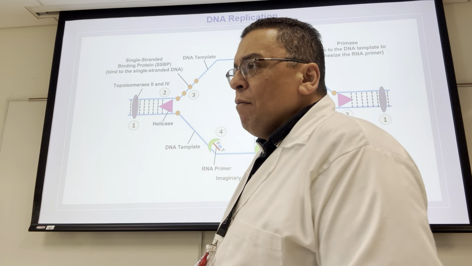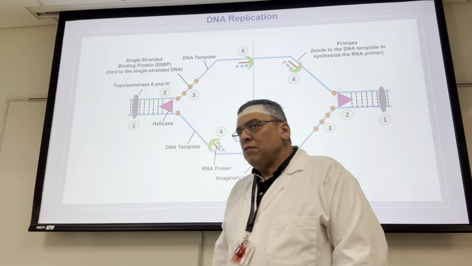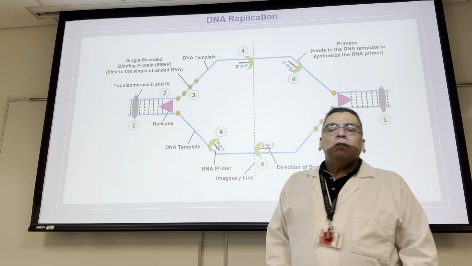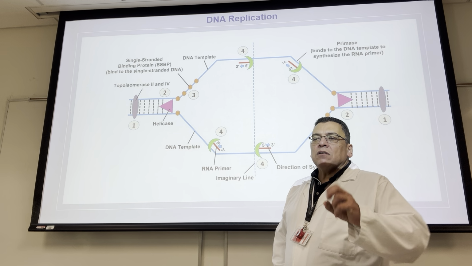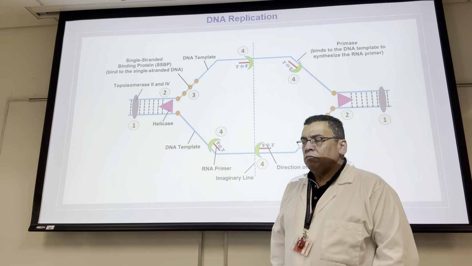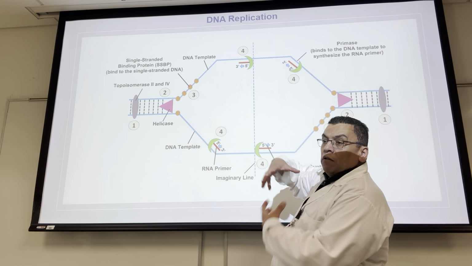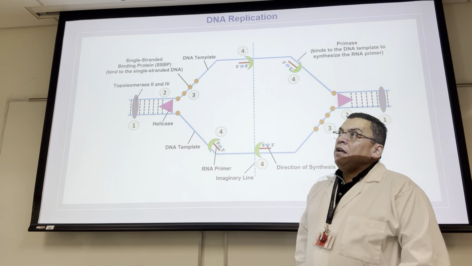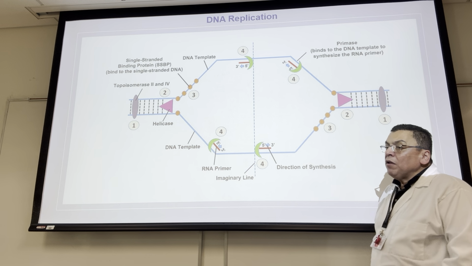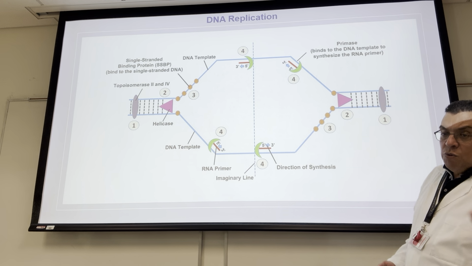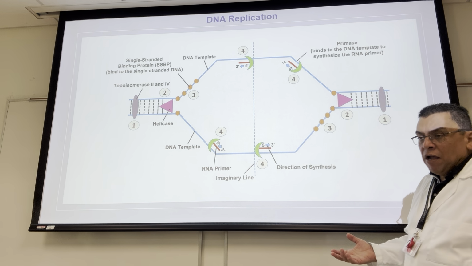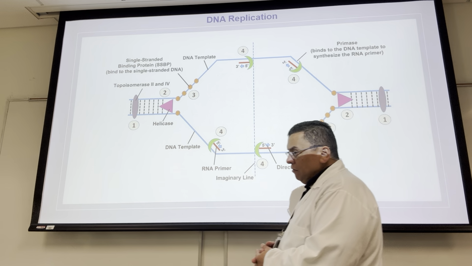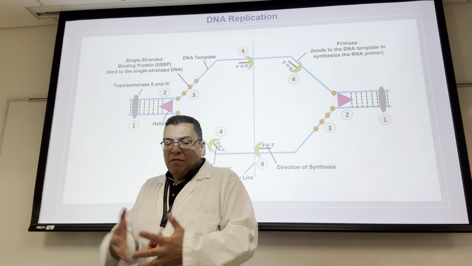And what will it do? It will create the two replication forks. It will create this bubble, resulting in the production of the two replication forks, one going this way and one going that way, because DNA replication is bidirectional. Okay. Then what happens?